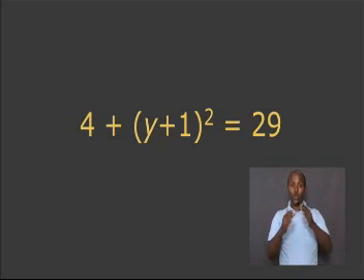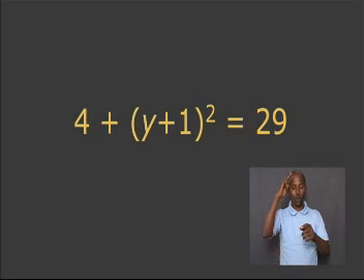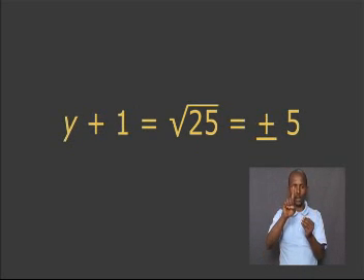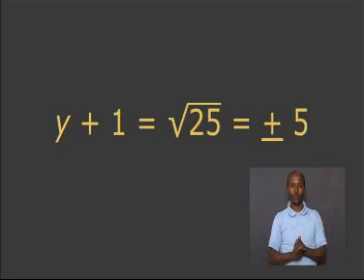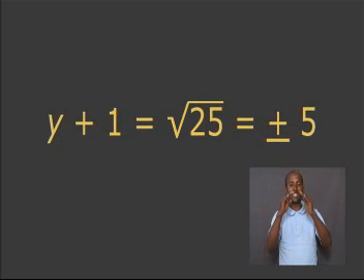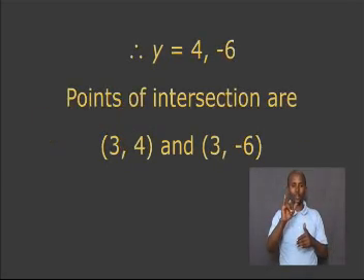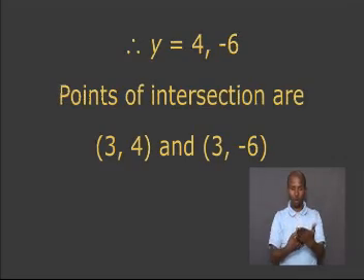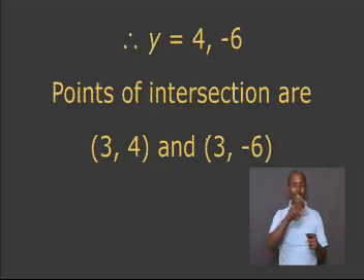If we subtract 4 from both sides and take the square root of both sides, we get y plus 1 equals positive or negative 5. The 5 is positive or negative because the square of either number can be 25. So, the values of y are 4 or negative 6. Therefore, the points of intersection are (3, 4) or (3, negative 6).